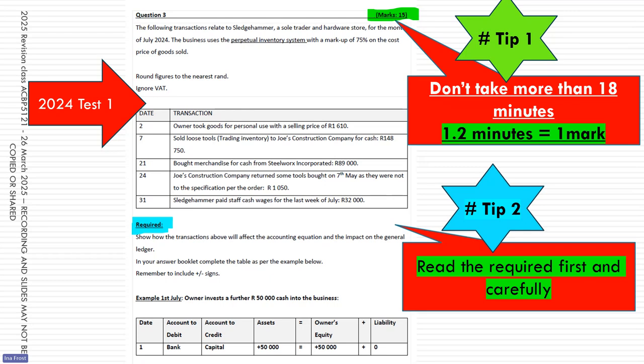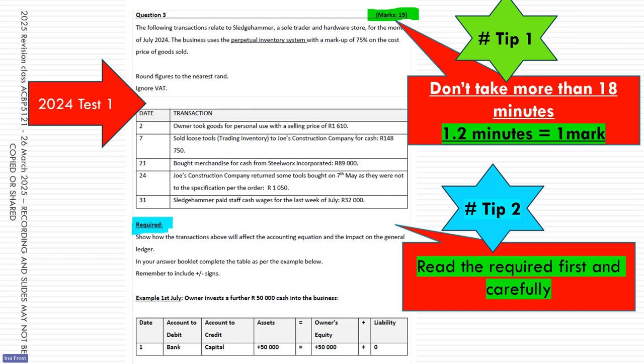So here I just want to show you some last year's questions. This was semester test 1 last year, question number 3 for 15 marks. Remember, we're going to follow all our little tips. Tip number 1: it's a 15-mark question, meaning you've got 18 minutes to complete it.